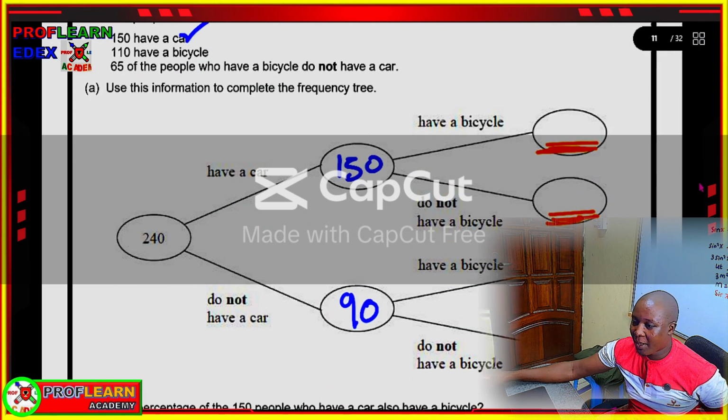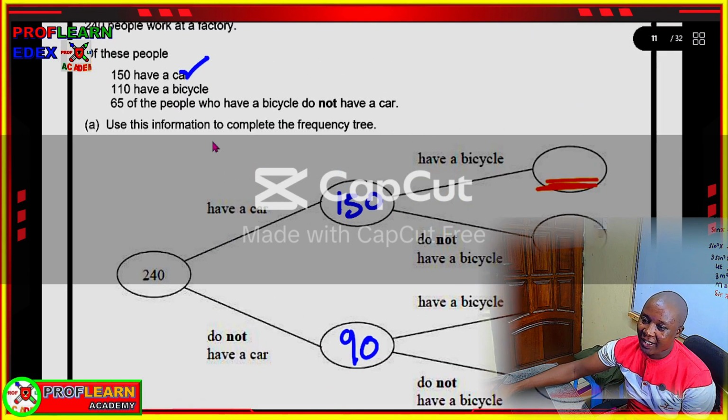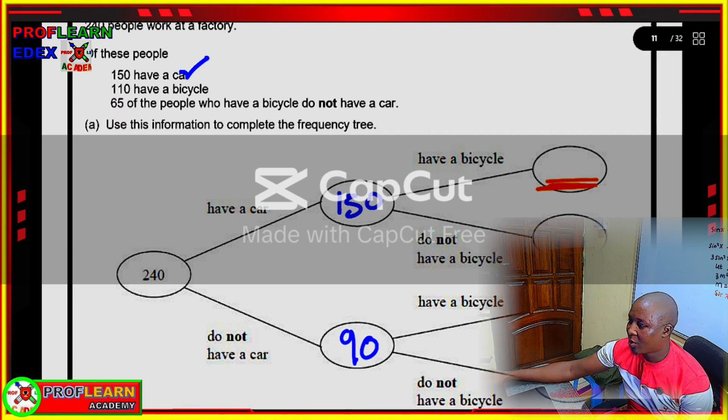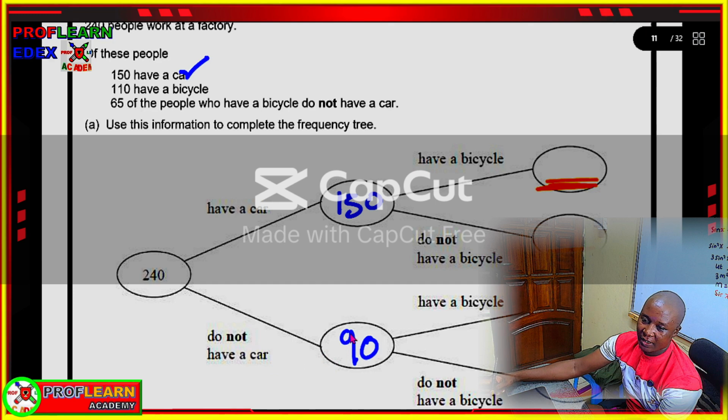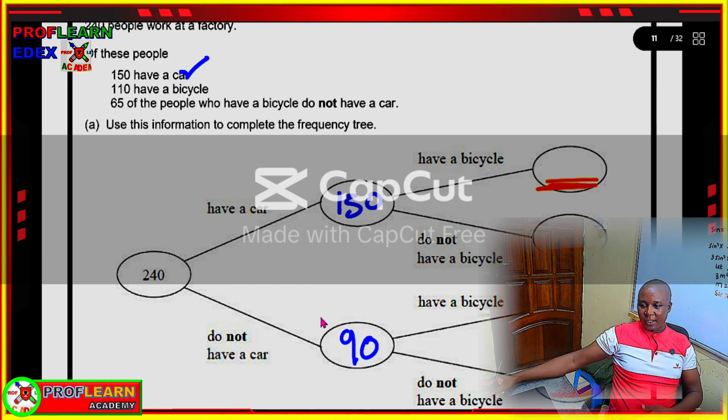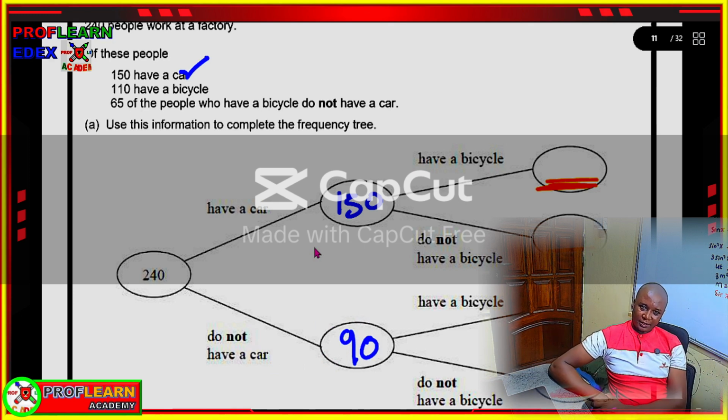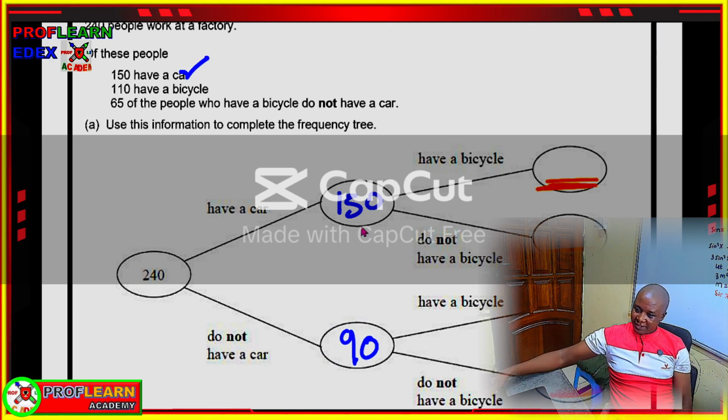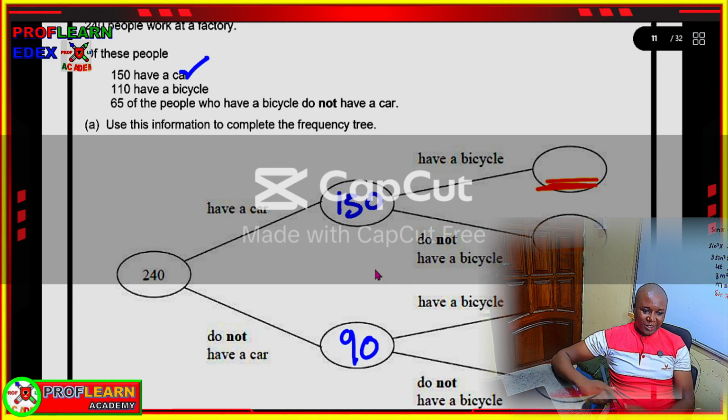Where are we going to place these people? Do not have a bicycle, do not have a car. Where are we going to have that? For part A, I'm just waiting for you guys to tell me. Where is this correct? So what are we going to have there?